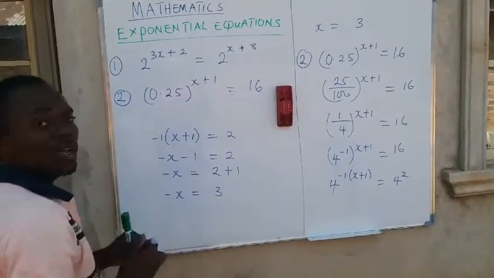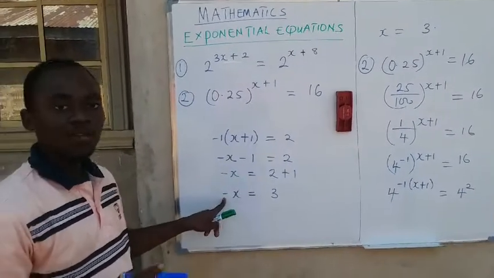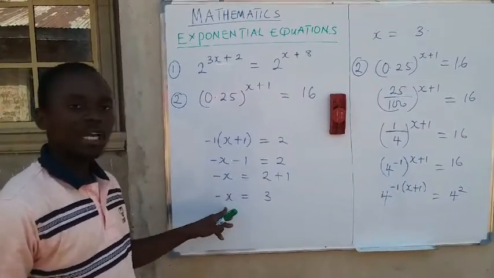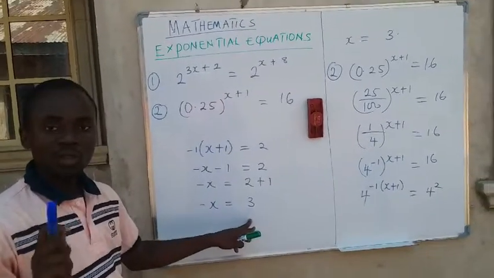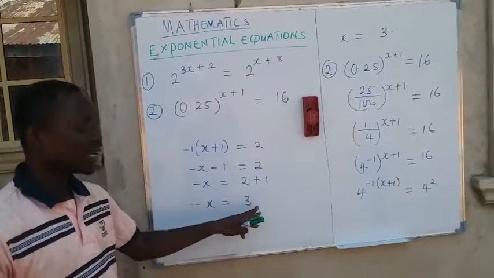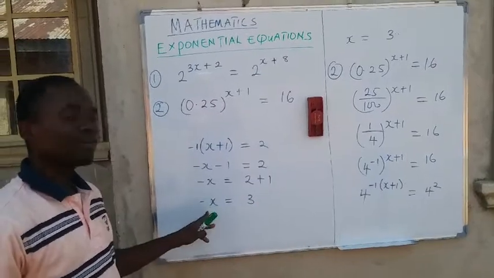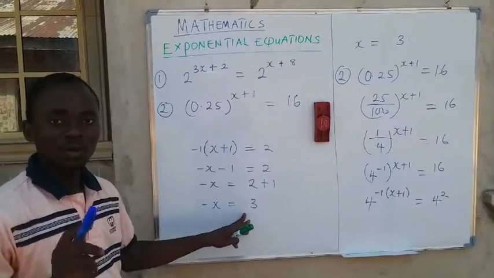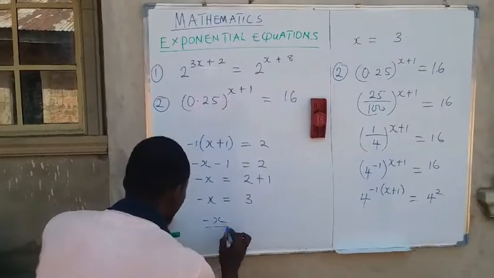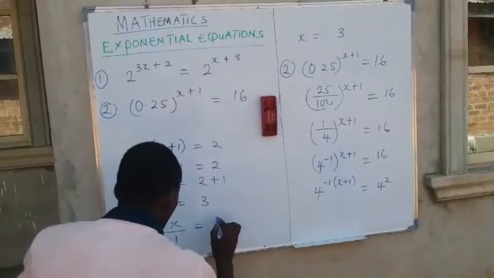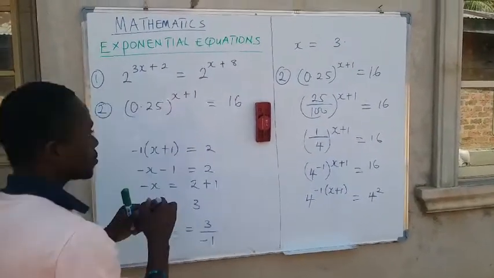We are not looking for minus x, rather we are looking for x. So we divide both sides by minus 1 so that the negative sign goes out. Whatever we do on one side of the equation, we must do on the other side. Therefore, we must divide both the left and the right hand side by minus 1. So that we have minus x divided by minus 1 equal to 3 divided by minus 1.